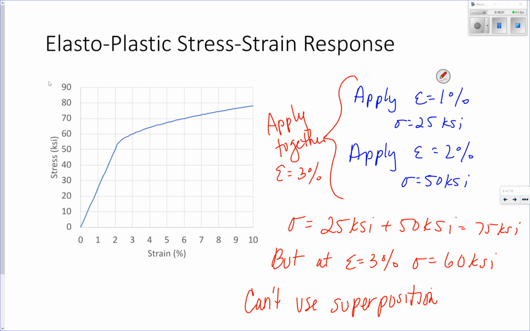And also, if we'd applied that 3% and then took it off, it would have some permanent deformation already because of the elastic plastic response. So it's just highlighting why we can't use superposition for anything other than a linear elastic material.